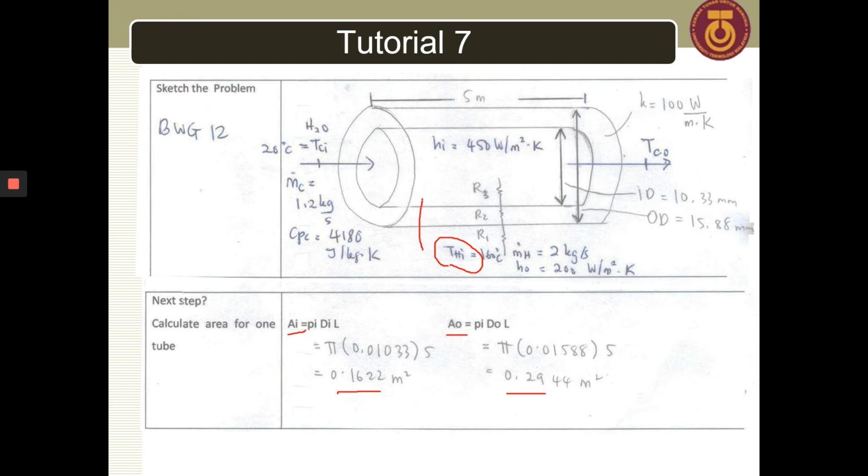So Q is from the outside to the inside tube. So that means we have R1 here at the shell side, R2 due to the conduction, and R3 is due to convection inside the tube.